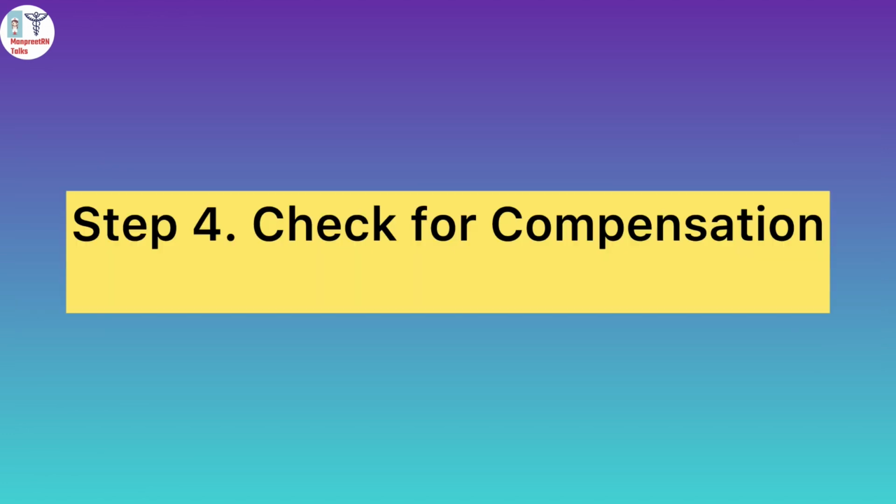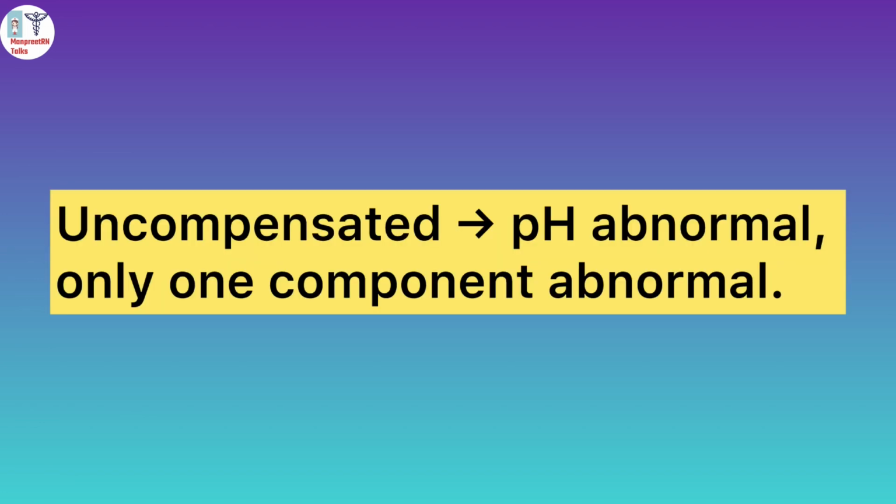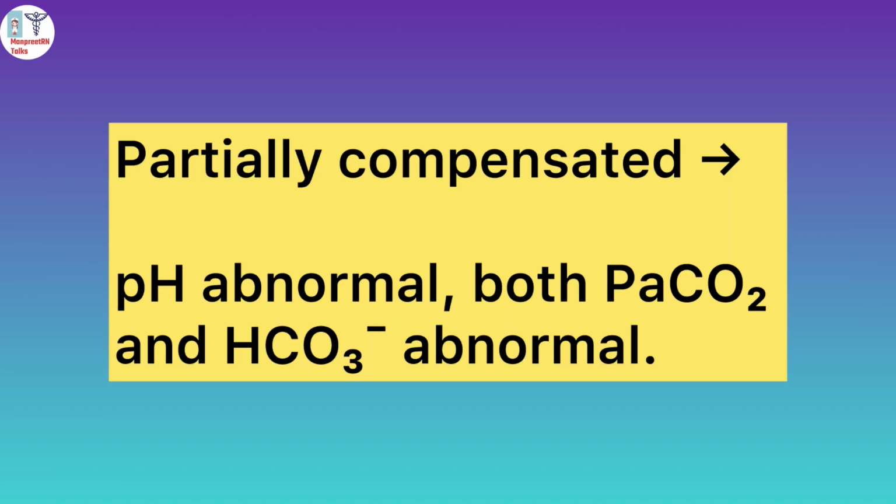Next step is check for compensation. Uncompensated means pH is abnormal and only one component is abnormal, so bicarb and PaCO₂ will be normal. Partially compensated means pH is abnormal and both bicarb and PaCO₂ are also abnormal.